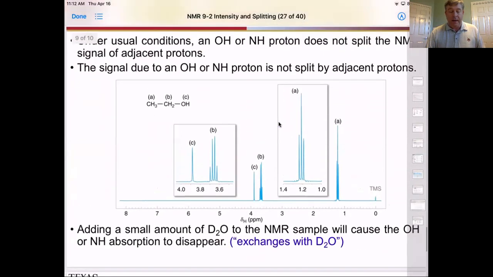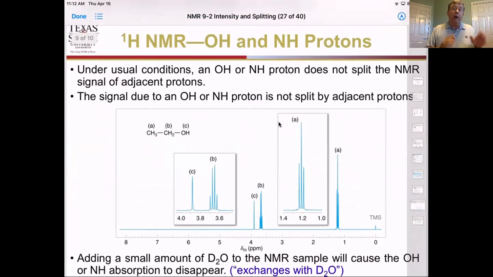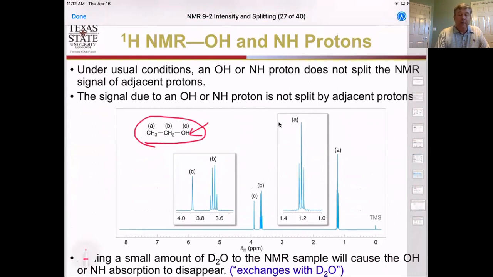Okay, now let's talk about how alcohol and amine protons react a little bit differently in the NMR. First of all, because we're going to have that very electronegative atom, they usually do not split signals, which means if you see a molecule like ethanol here, we will not see the hydrogen on the alcohol split.